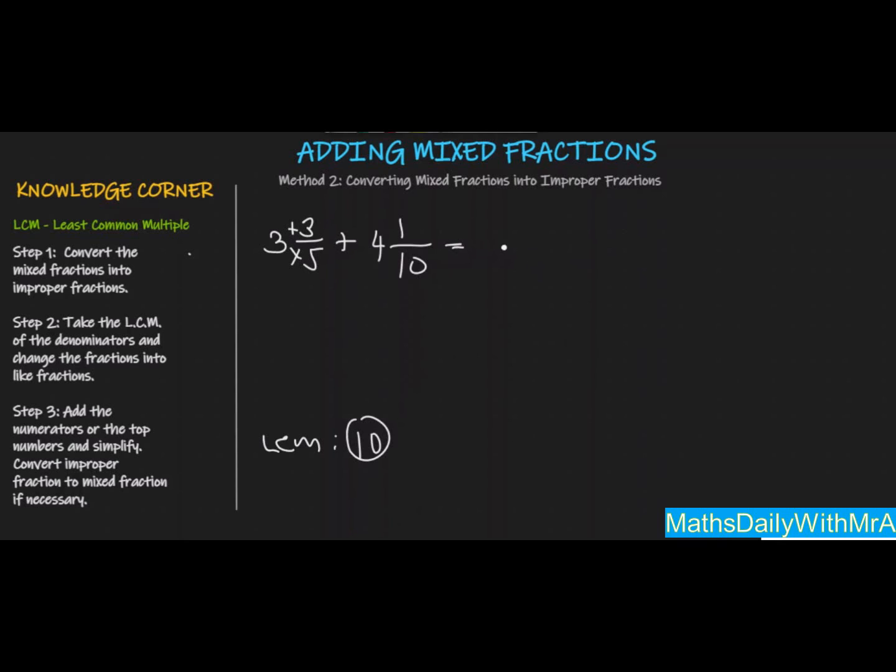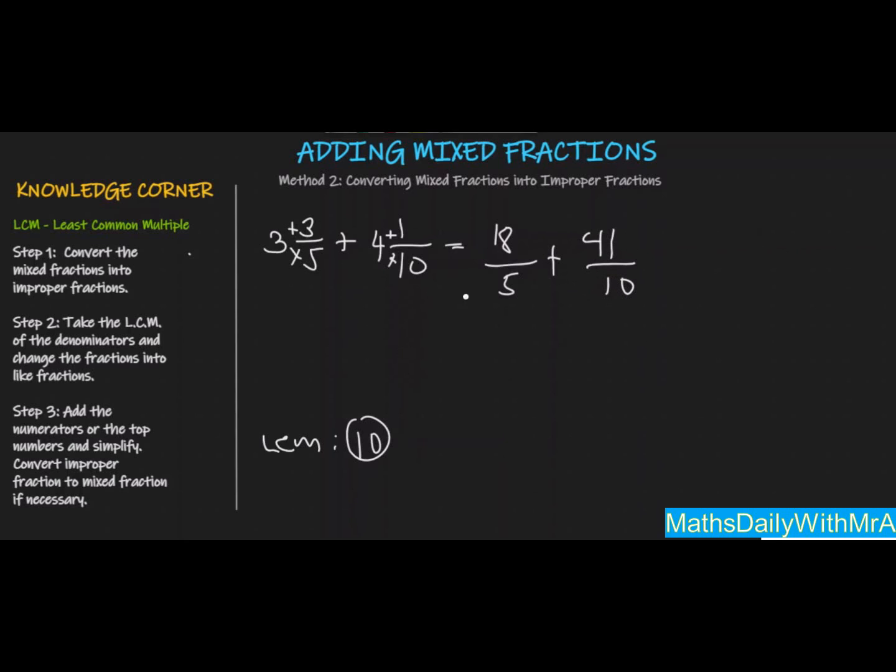You can say the new numerator is 18 over the same denominator, which is 5, plus, let's do the same thing to the second mixed fractions. 10 times 4 equals 40, plus 1 is 41 over the same denominator, which is 10.